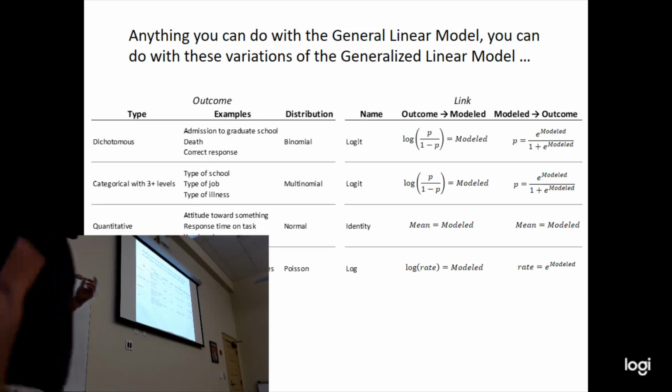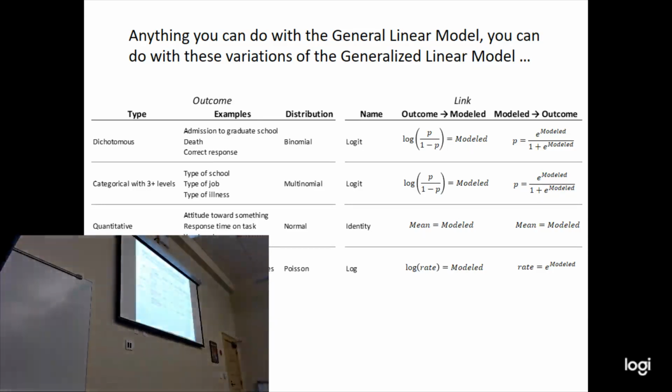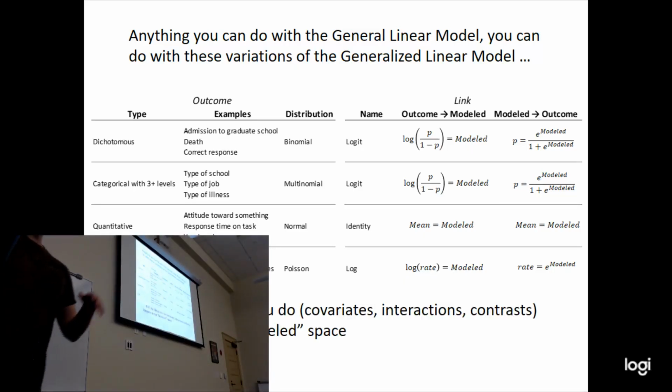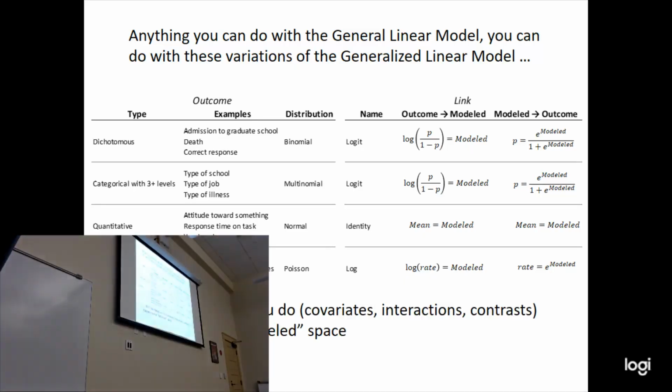The really great thing about the generalized linear model, at least pedagogically, is that all those different tools that we use with the general linear model also apply to the generalized linear model. But the one catch, of course, is that those little tweaks that you make all happen in the space that's modeled, not in the space of what you want to understand.